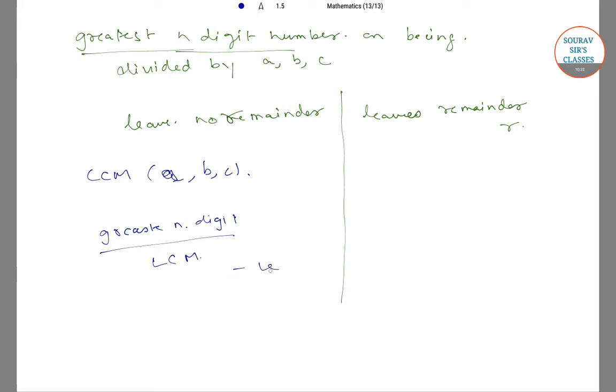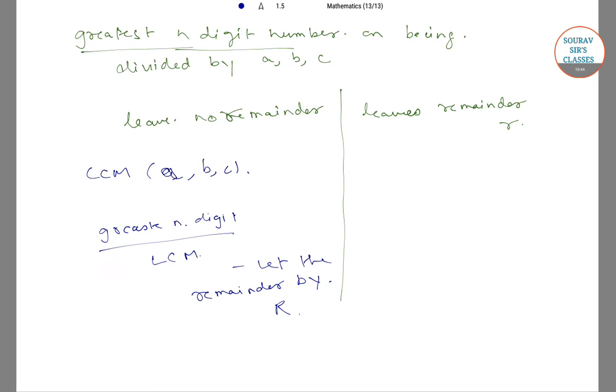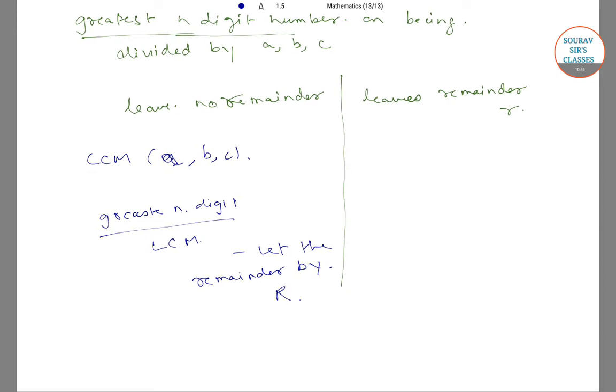Let the remainder be R. Then the greatest n digit number which on being divided by A, B and C gives no remainder will be the greatest n digit number minus the remainder R.